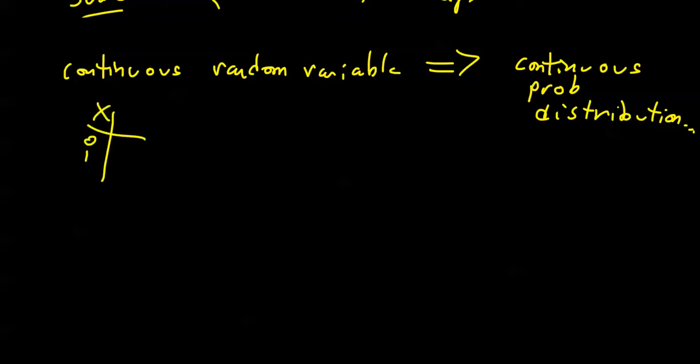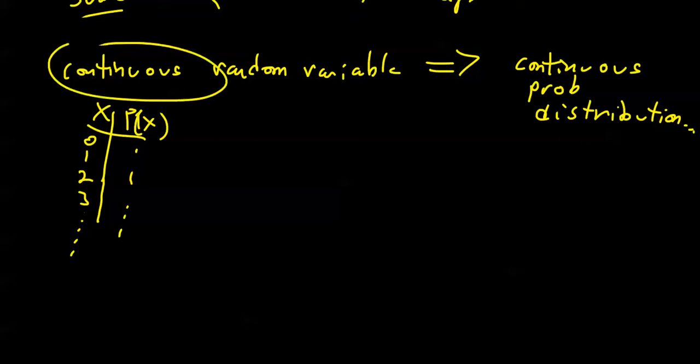Again, in the discrete case, it's easy to construct a probability distribution. You can make a list of possible x values and associate the probabilities with them based on our knowledge of probability. But in the continuous case, the table isn't going to work. You have infinitely many x values on any continuous scale.